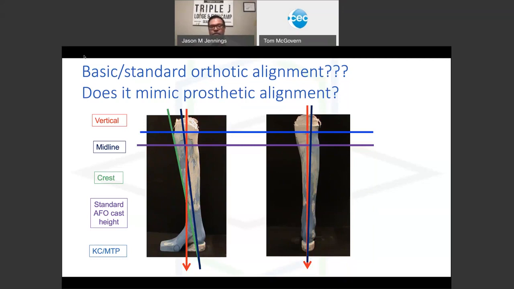So I think it's very important to note that how we measure matters and that sometimes we don't all speak the same language.